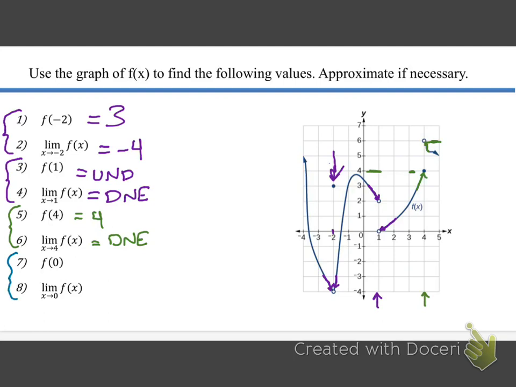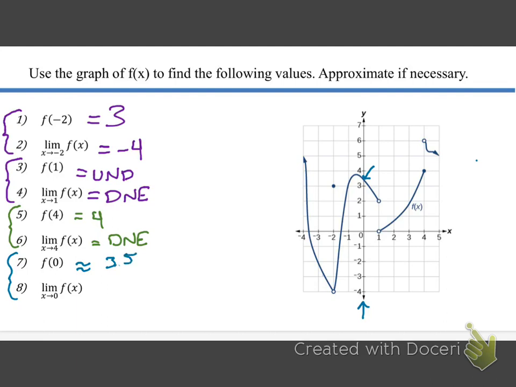7 and 8 have to do with the x value of 0. Let me clean this off a bit. So what's happening as we go into that x value right there? So f of 0, we can see that the function value, having trouble with the dots on this program, looks to be about, we'll say, about 3.5.